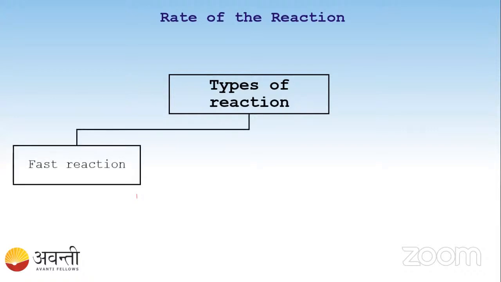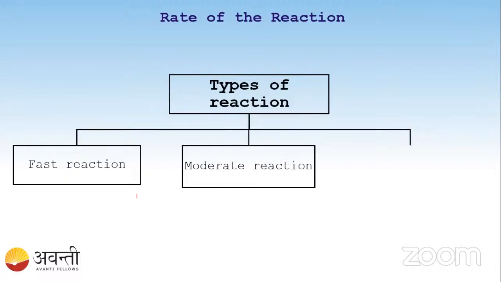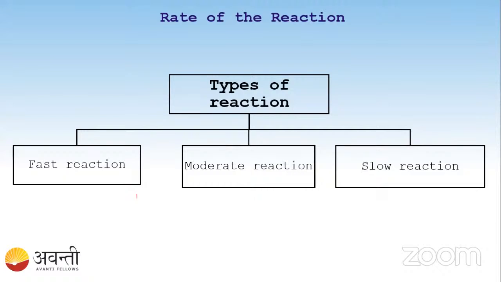As you all know, there were three basic types of reactions: fast reactions, moderate reactions, and slow reactions. Any reaction that happens very quickly, taking only a fraction of seconds, is a fast reaction. That means the reaction gets completed within 10 seconds, 5 seconds, or less than a minute.